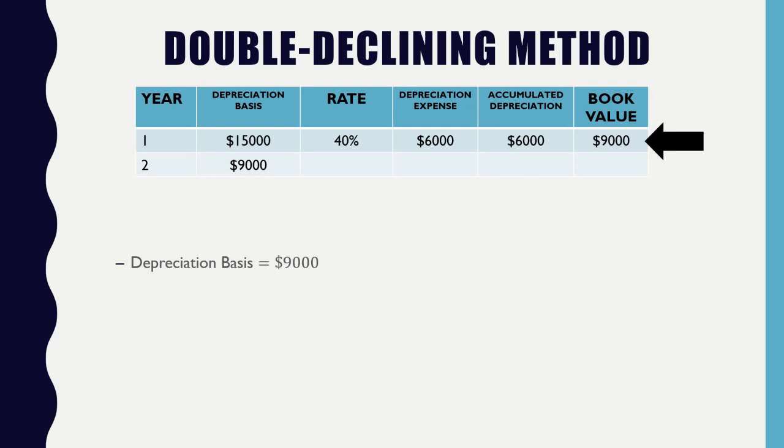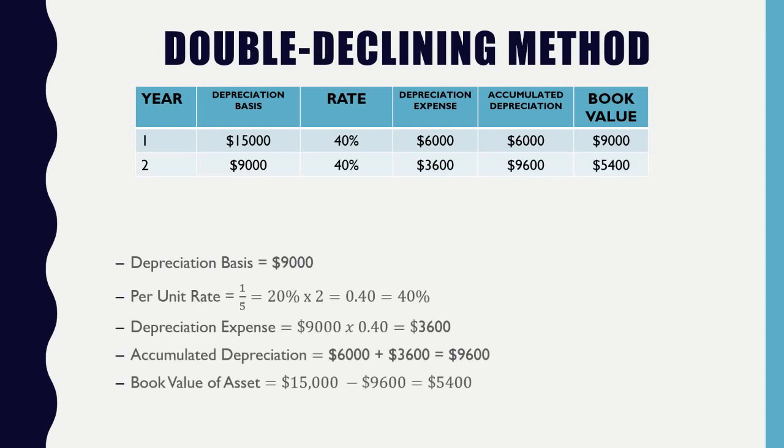What's the depreciation rate? Well, it's 1 divided by 5 times 2, which in this case is 40%. So we're going to take 9,000, multiply by the 40%, and you're going to get 3,600. Then you're going to add that to your 6,000 because that's your previous years. You're going to get a total of 9,600. So then you solve again.